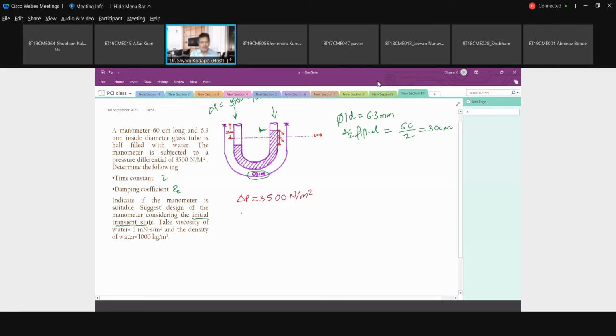Similarly, delta P can be equated to delta H rho G. This is the simple balance. Okay, delta P is equal to delta H rho G.